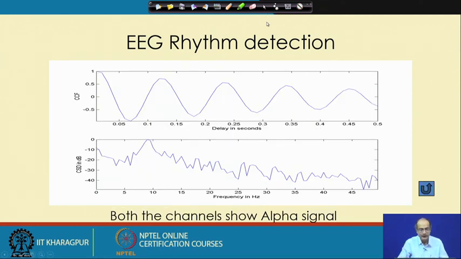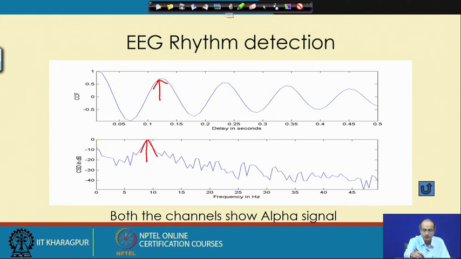So, here we have taken the cross correlation coefficient and we get a peak here, okay, and we similarly get a peak here in a PSD. Which tells us that the signal is getting repeated in that channel, and because that peak is at 9 Hz, it is alpha wave.